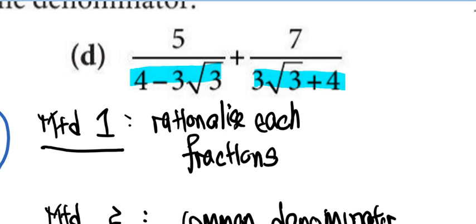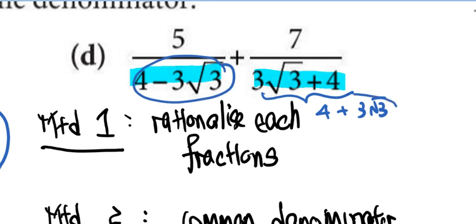What can you do? How about I rearrange? If I rearrange this second one, 4 plus 3 root 3. Can you see that this one and this one are exact conjugates of each other? That is the reason why when you multiply together in a single denominator, it will be gone.